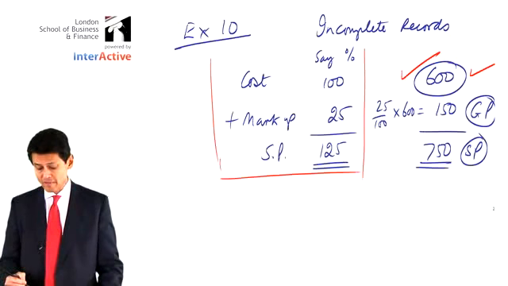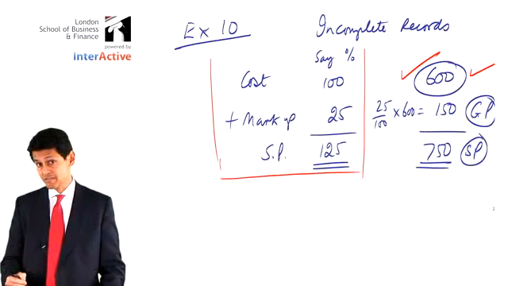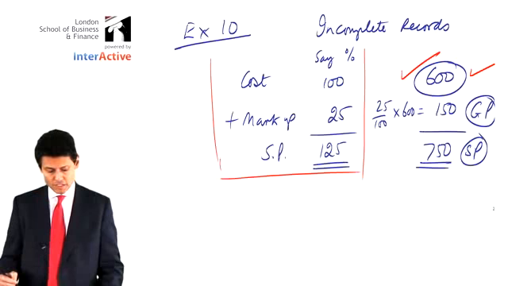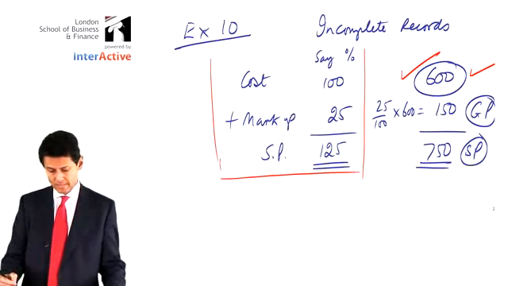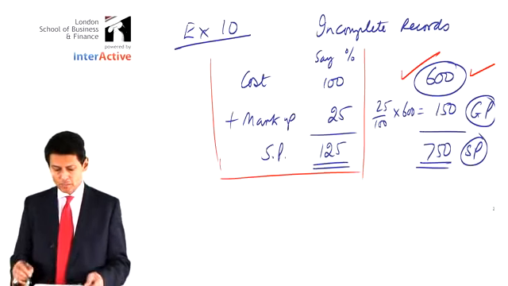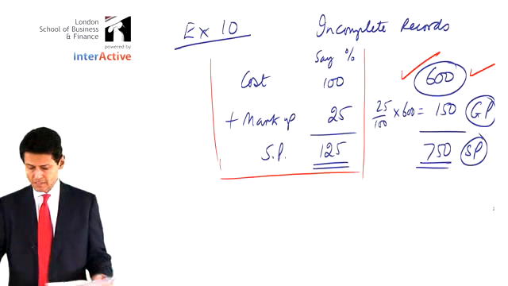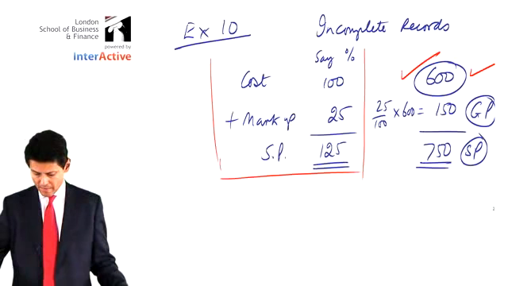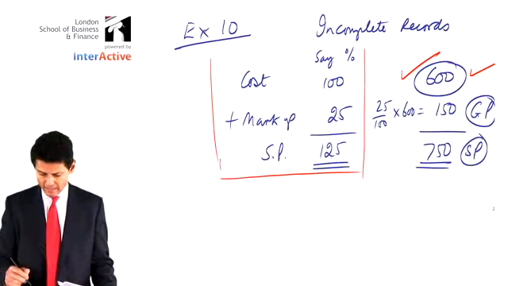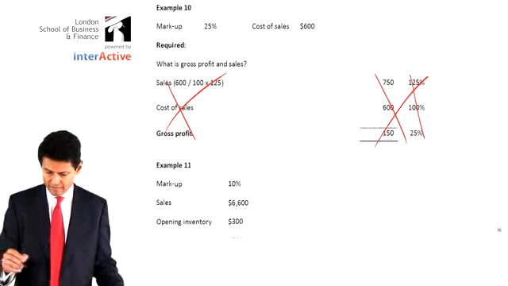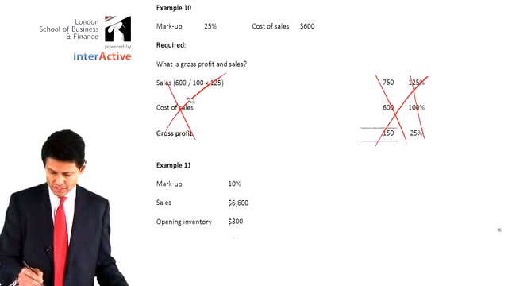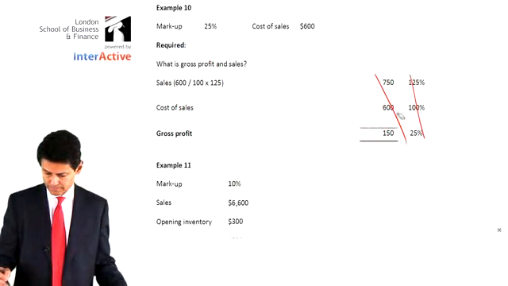And obviously, if you have cost plus markup giving selling price, the selling price must be 750. Or any permutation of that gets you there. Right, let's move on then to examples 11, 12, etc. This time I might go back just for variety and take you through the various questions we have ahead of us.